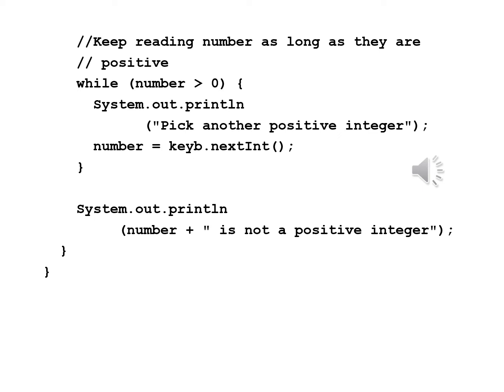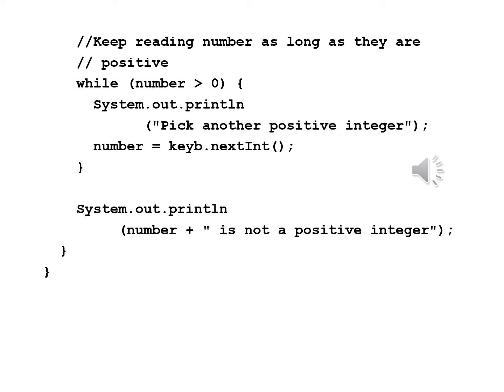While number is greater than 0, we'll write here System.out.println("Pick another positive integer"); number = keyboard.nextInt(); and a close brace to end the loop.